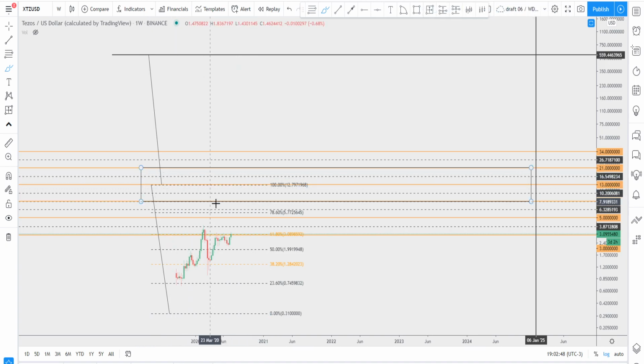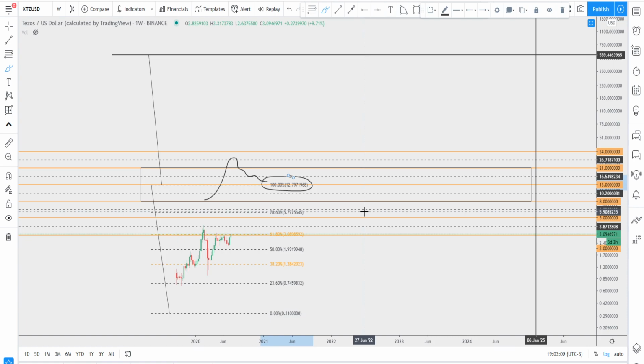Most of the times, we already saw this on ADA, Cardano, for example, and many other coins, and not only on crypto, on stocks, precious metals as well. Most of the times, not always, we end up with bull breaks, and then we retest the previous 100% level, okay?